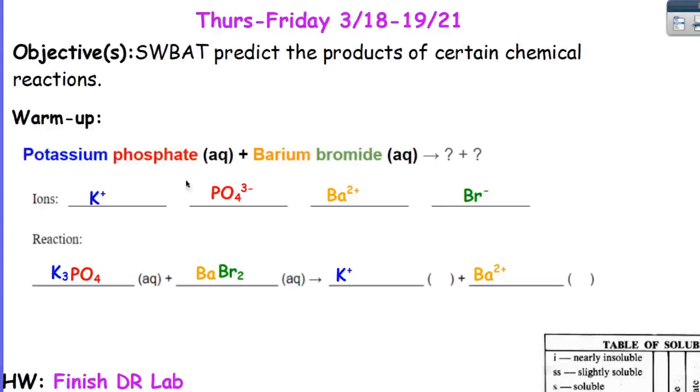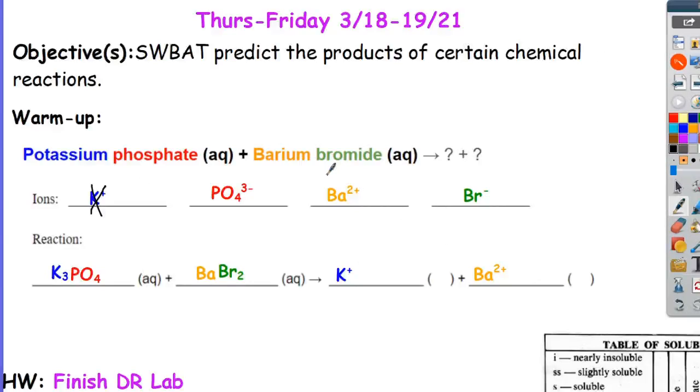And the reason why I had you list all the possible ions is that we kind of have a word bank here, or an ion bank to pull from. I know I need to use all 4, and I've so far used 2 of them. So I'm done with my potassium, and I am done with my barium. Now I need to place my anions.